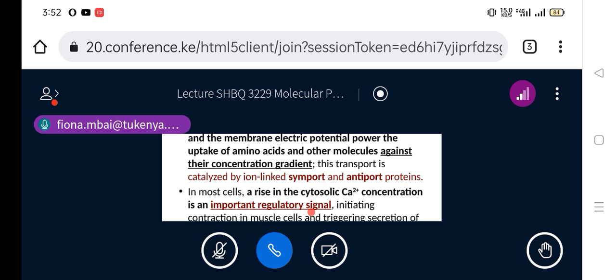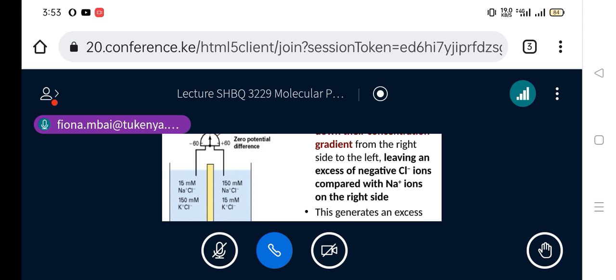This regulatory signal is responsible for initiating contraction in muscle cells and triggering secretion of digestive enzymes in the exocrine pancreatic cells. So those are tissues and organs that literally have innervation to cause movement or deposition of other molecules.